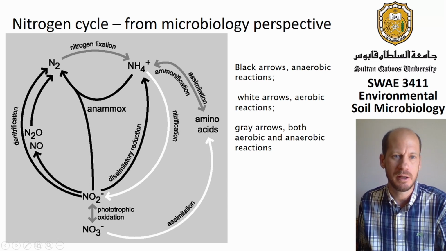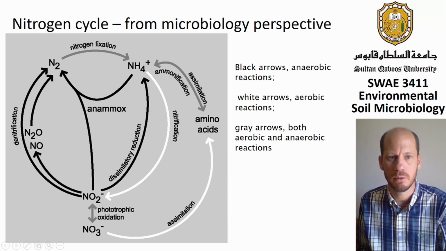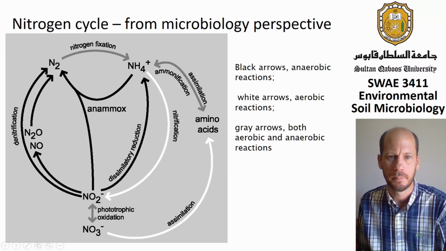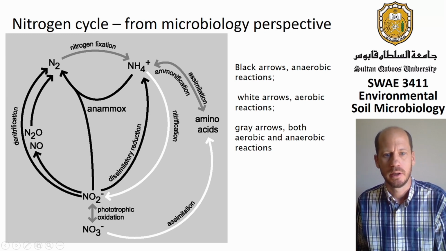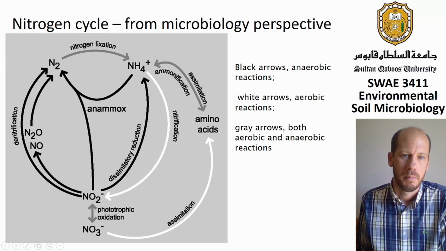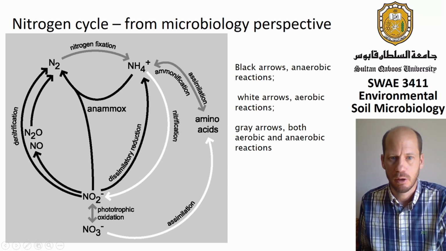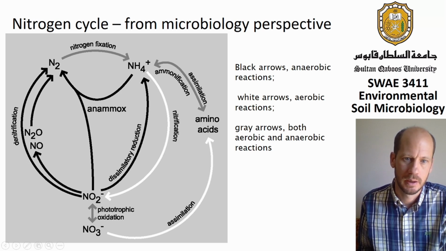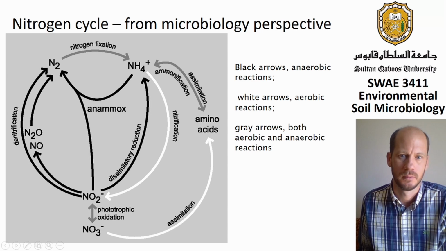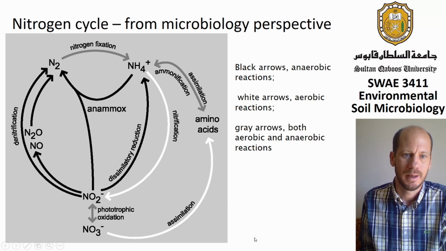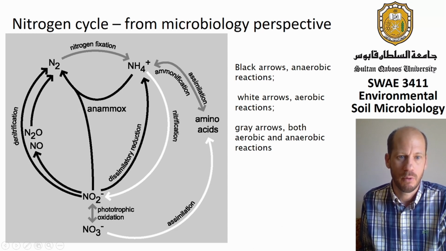So the biological nitrogen fixation can be aerobic or anaerobic. Assimilation can be either aerobic or anaerobic. But nitrification is always an aerobic process, and nitrate assimilation also. So on the anaerobic side, we have more complexity.